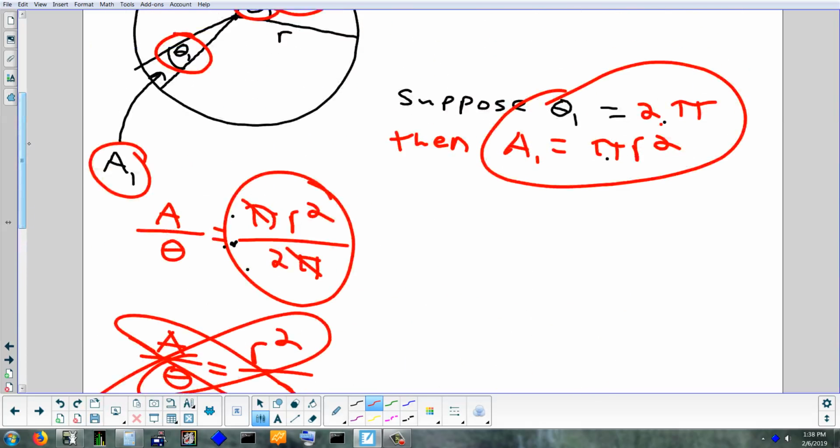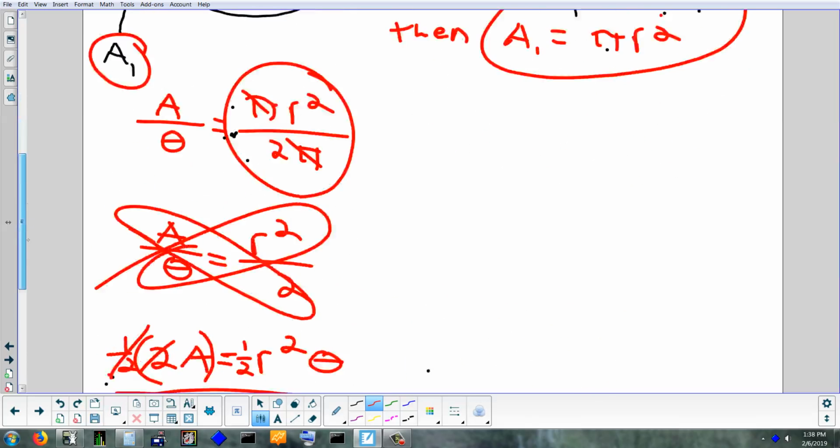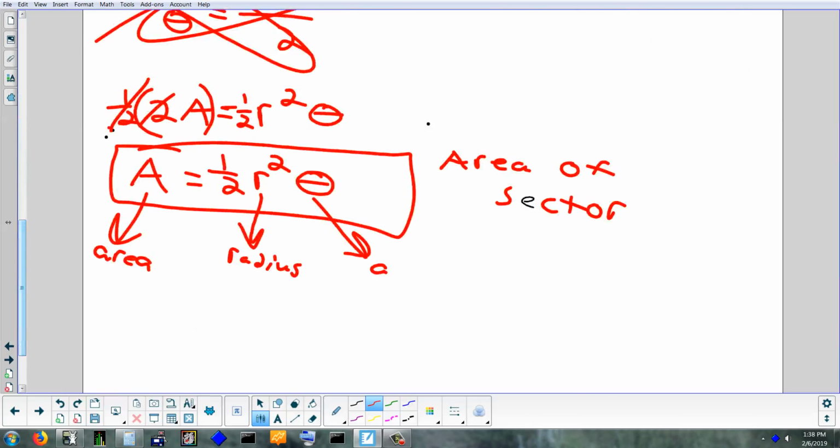I did the same thing we did before. I supposed that my angle was 2 pi radians. So this is your angle in radians. And we pretty much do the same thing as last time. They'll give you 2 out of 3 letters, you plug them in, you find the third one. So we'll try a couple of those, and that's our last formula for today.